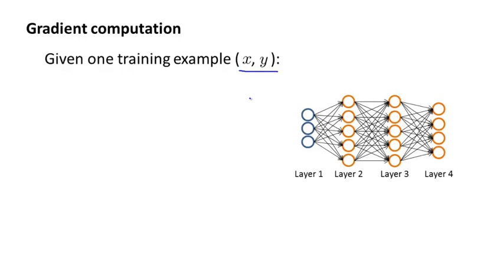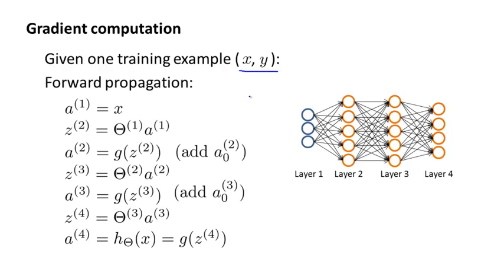The first thing we do is apply forward propagation in order to compute what our hypothesis actually outputs given this input x. Concretely, recall that a1 is the activation values of this first layer, that is the input layer, so we're going to set that to x. And then we're going to compute z2 equals theta 1 a1, and a2 equals g, the sigmoid activation function, applied to z2, and this would give us our activations for the first hidden layer, that is for layer 2 of the network.